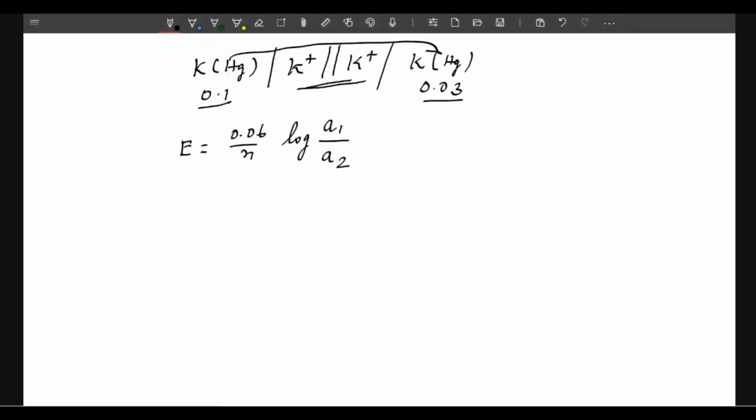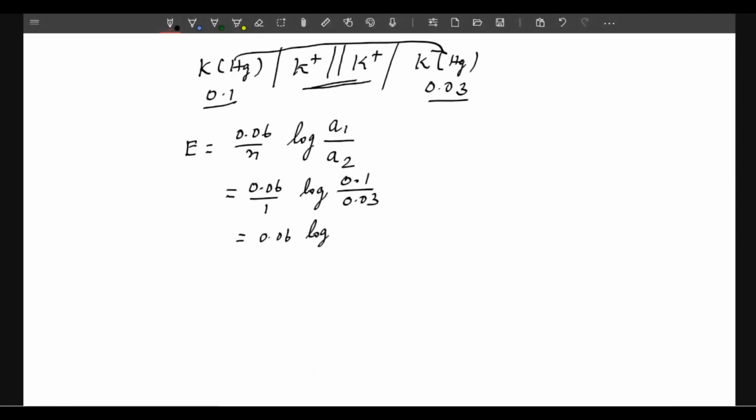Then you just simply put in the values. And what is the n value? n is equal to 1 electron. And the activity in the anode is 0.1, here 0.03. If you put in this value, log of, you can convert into log of 1.